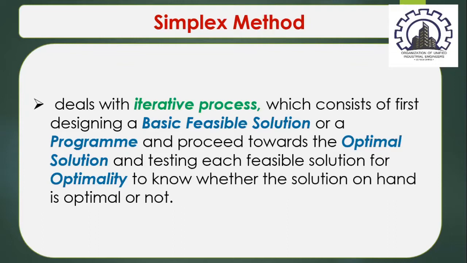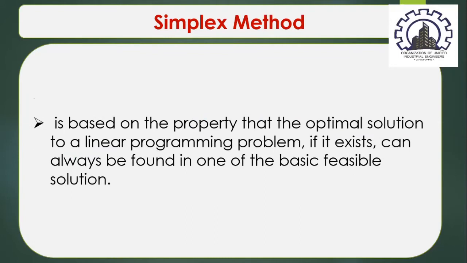Therefore, we can say that simplex method depends on 2 concepts, known as first, feasibility, and second, optimality. Simplex method is also defined as based on the property that the optimal solution to a linear programming problem, if it exists, can always be found in one of the basic feasible solutions.